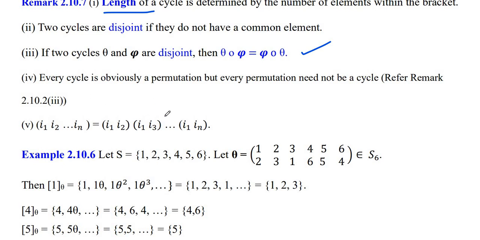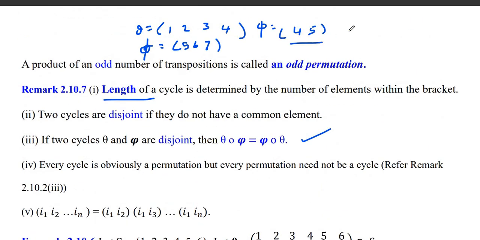If we consider it as a permutation, we have 1, 2, 3, 4, 5 in this, if we are in S5, because otherwise we will not know how many elements to write in the first row. So we consider this to be a member of S5. The meaning of this is 4 is taken to 5 and 5 is taken to 4. The rest are taken to themselves. So every cycle is a permutation.